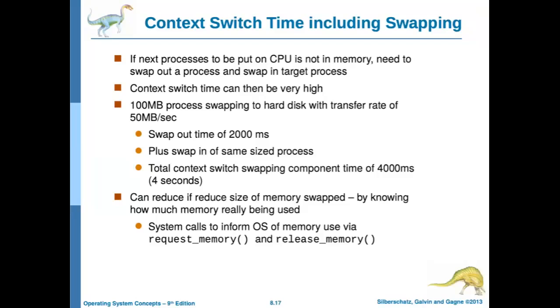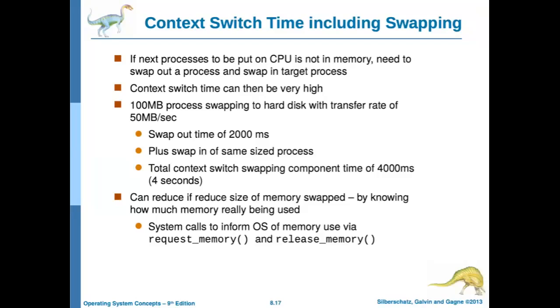So this can be reduced if a reduced size of memory is swapped. Of course, for that you should know how much memory is really being used, and for that Linux and Unix support system calls to request memory and release memory.